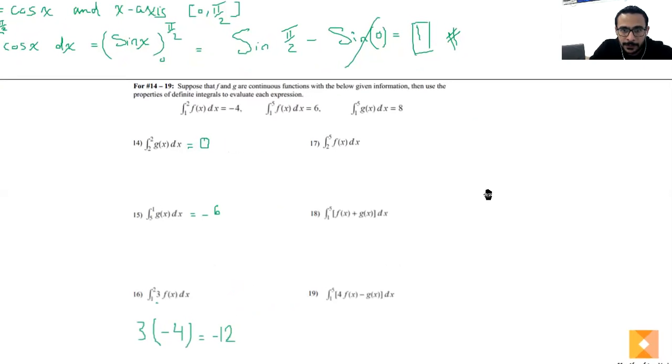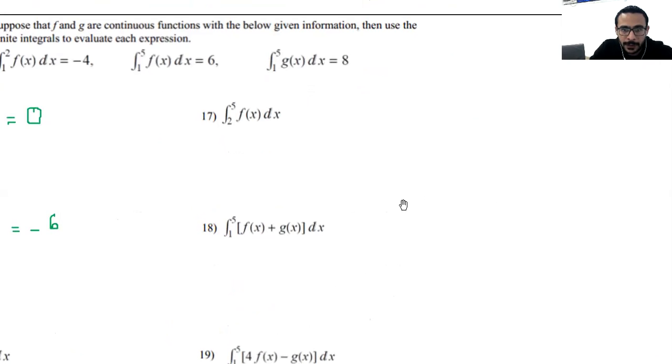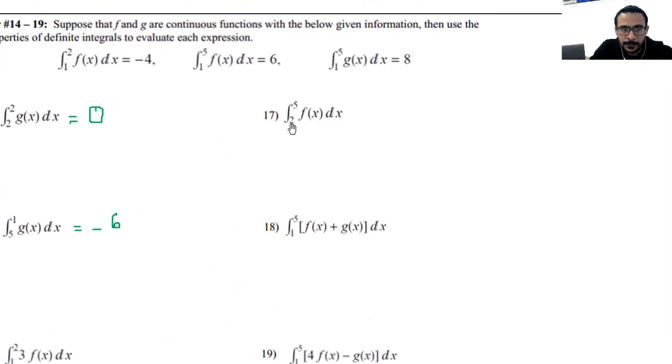Number 17 and 18. Based on the given information, what is the value of the integral from 2 to 5 of f of x dx? It's given from 1 to 5, and from 1 to 2, for f of x.